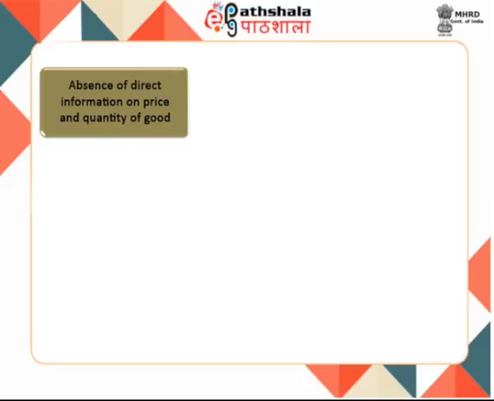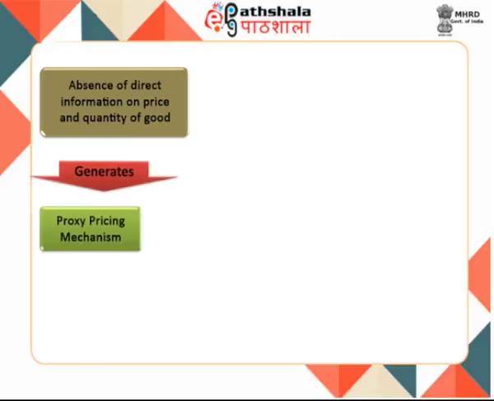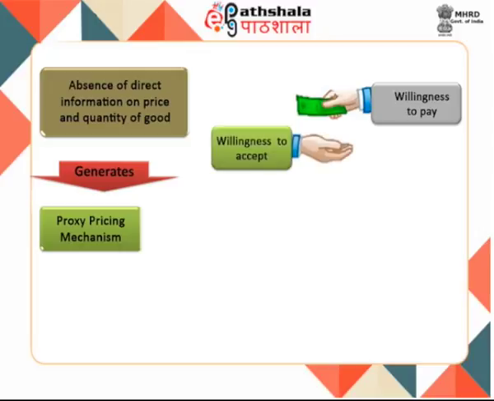The absence of direct information on the price and quantity for environmental goods generates the need for a proxy pricing mechanism for such goods. Literature provides two different concepts in this context: willingness to pay (WTP) and willingness to accept compensation (WTA).